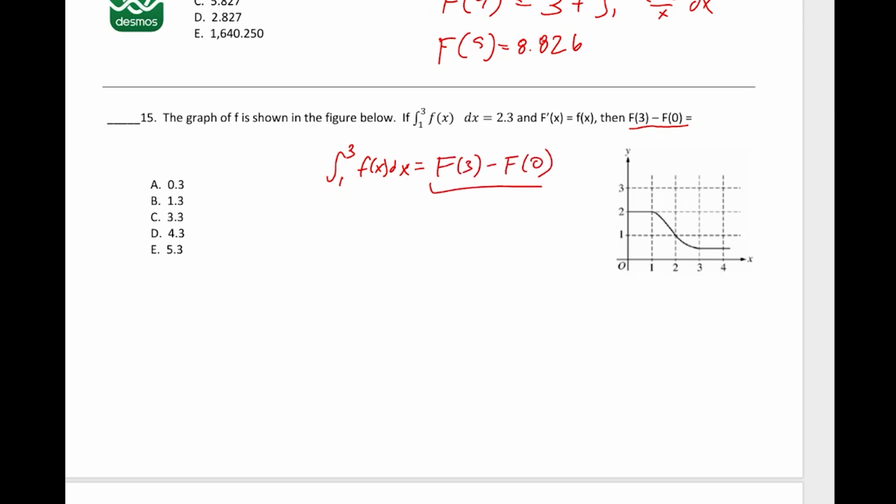That means this expression, which is what it's asking for, is going to be equal to this, right? Which is the area under the curve. And actually, that number is given, isn't it? Right? It's just 2.3.